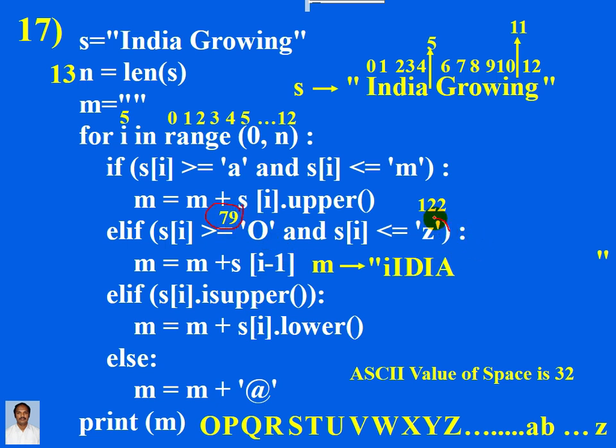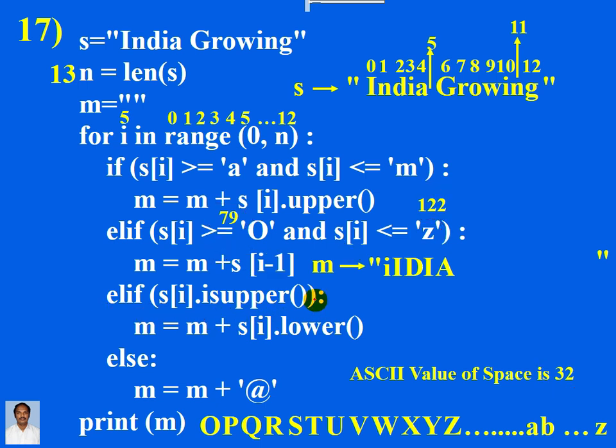For small a, the ASCII value is 97. So you can calculate the ASCII value for z. It is 122. And you need to study by heart the ASCII value for space. It is 32. So 32 is not between 79 and 122. So condition wrong. Control will come to else part.